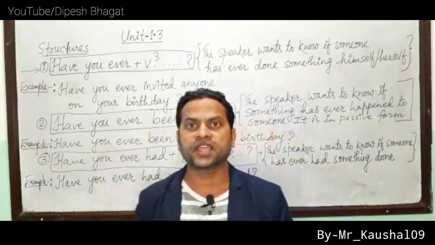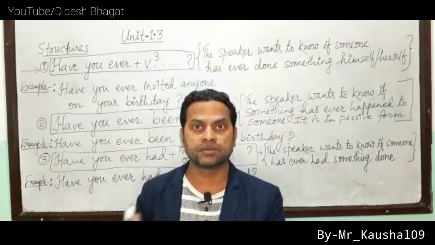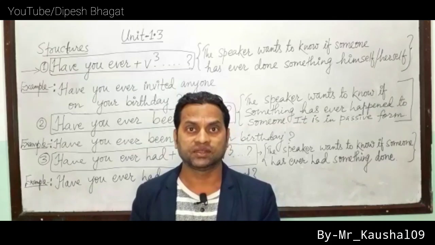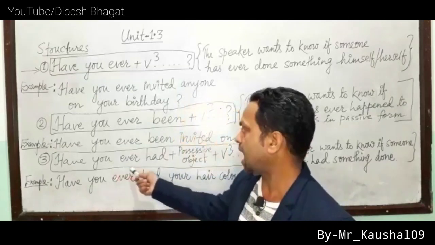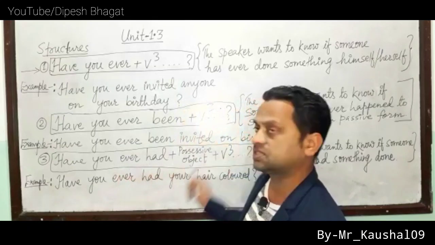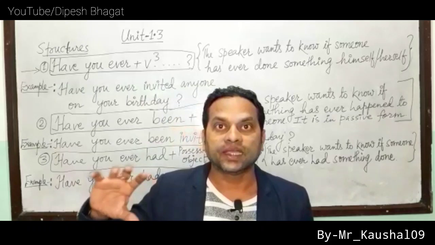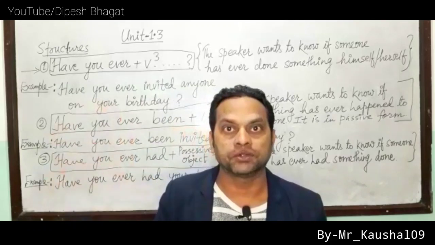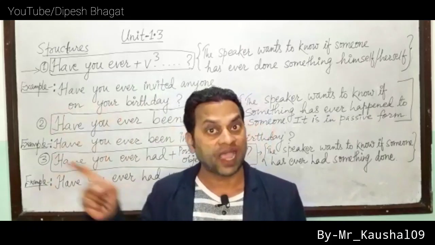Second, if there is my plus noun, my book, my pen, my hair, then in that case you use the third structure. Have you ever had plus possessive plus verb 3. For example, they painted my house. My is there.